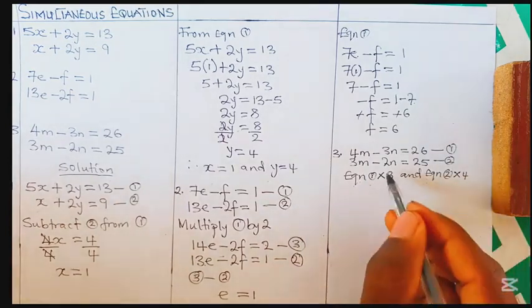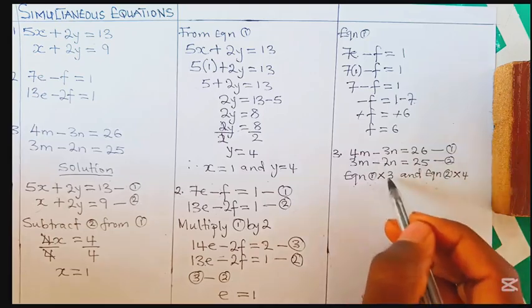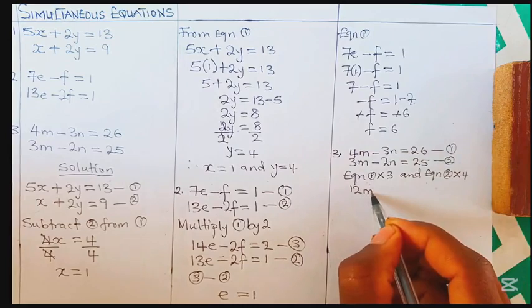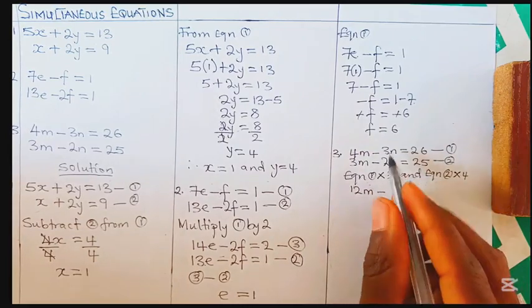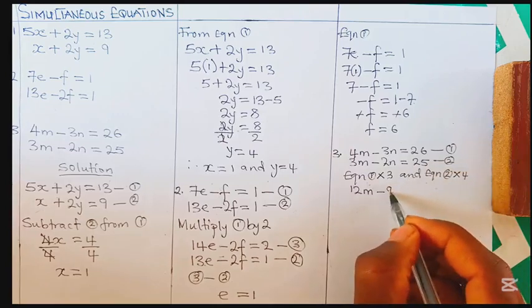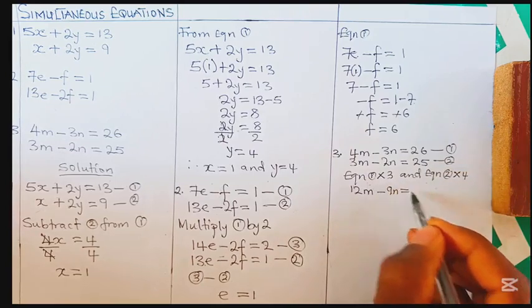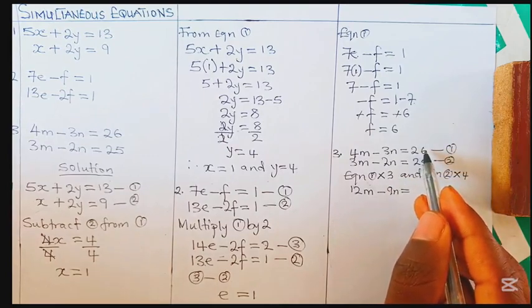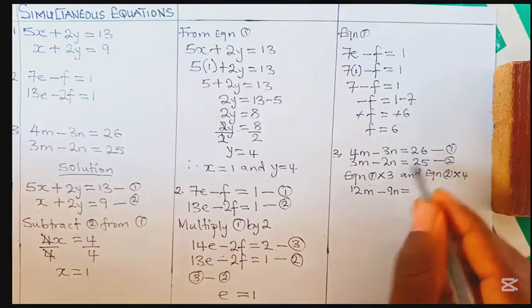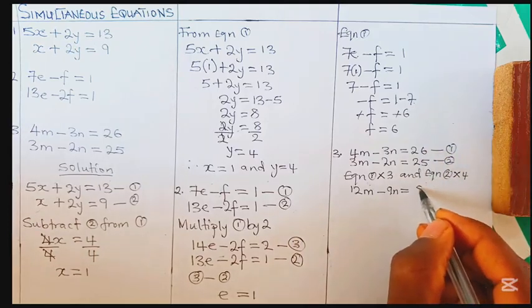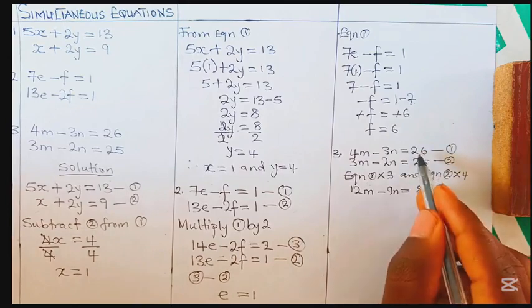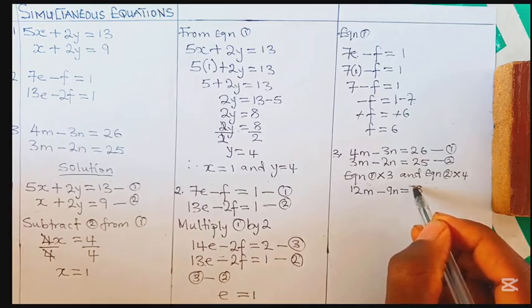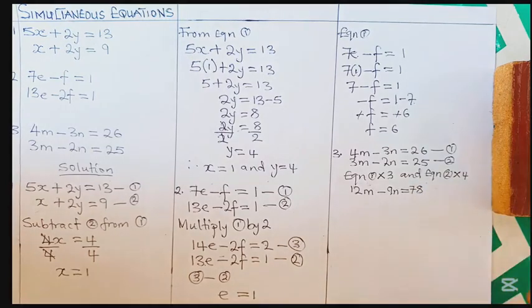So we are multiplying 1 by 3. 3 times 4, we have 12m, minus 3 times 3n, we have 9n, is equal to 3 times 26. What do we have? 3 times 6 is 18. Put 8, carry 1. 3 times 2 is 6, plus 1, 7. We have 78.